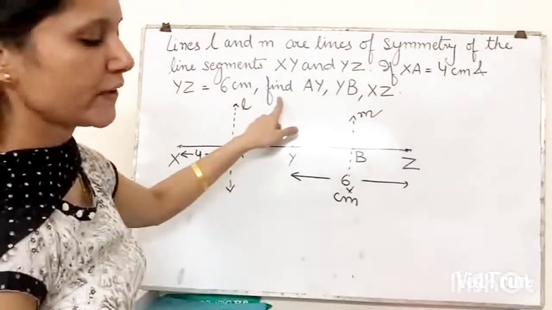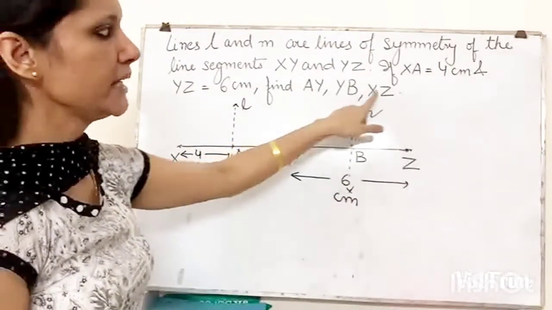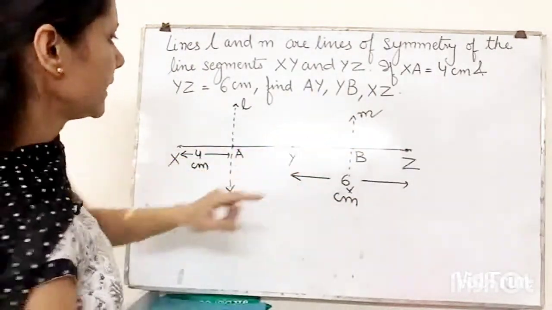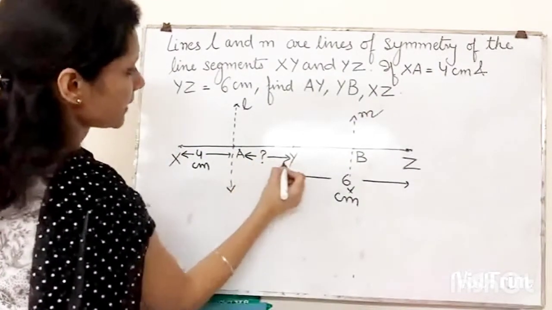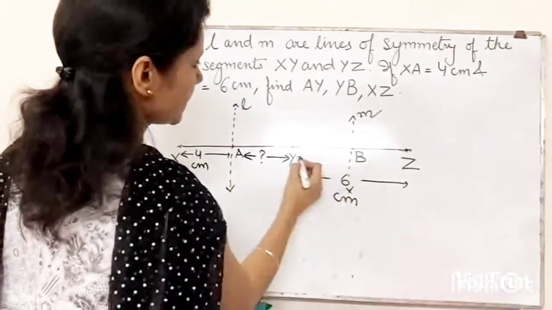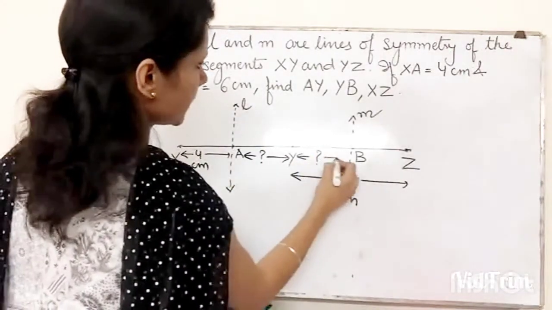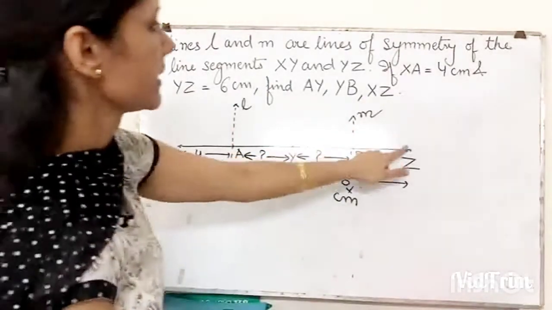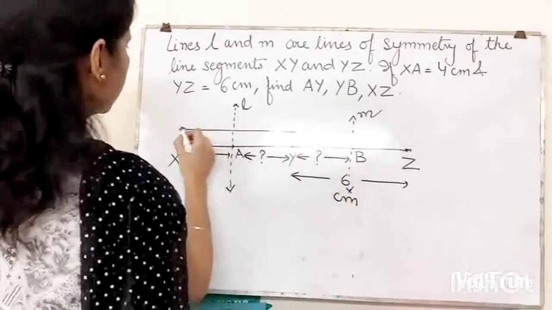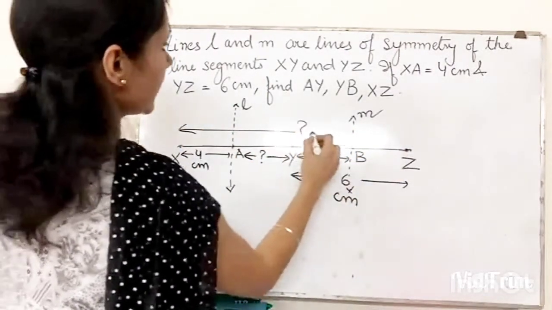So we have to find AY, YB and XZ. AY, that means we have to find this. YB, that means we have to find this, and XZ. XZ is this complete, we have to find out the complete length of this line segment.